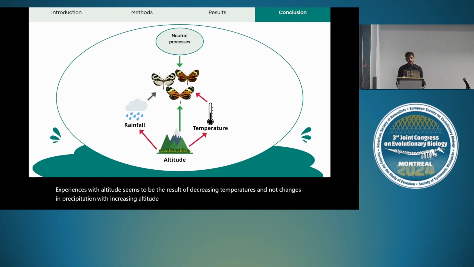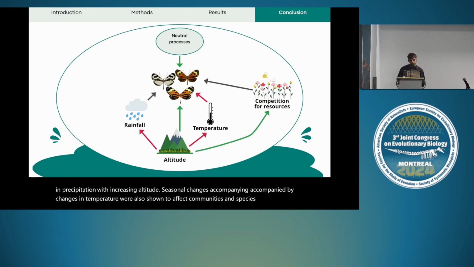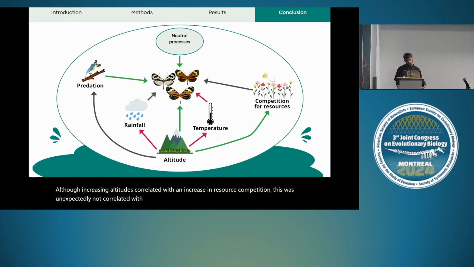Seasonal changes accompanied by changes in temperature were also shown to affect communities and species distribution. Although increasing altitudes correlated with an increase in resource competition, this was unexpectedly not correlated with species richness.